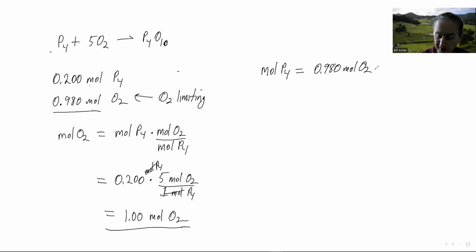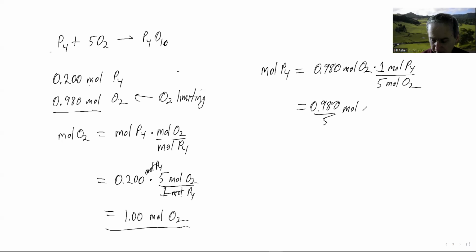And for that, we can use a stoichiometric coefficient, which is 1 mole P4 over 5 moles of O2, right? So these are going to cancel. And then we're going to have 0.980 divided by 5 moles of P4.